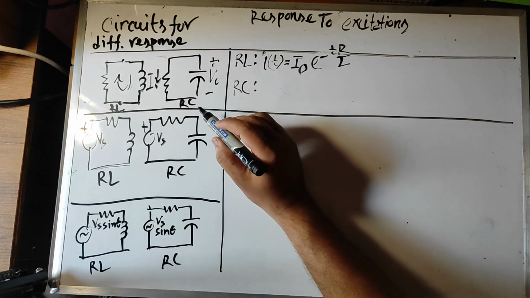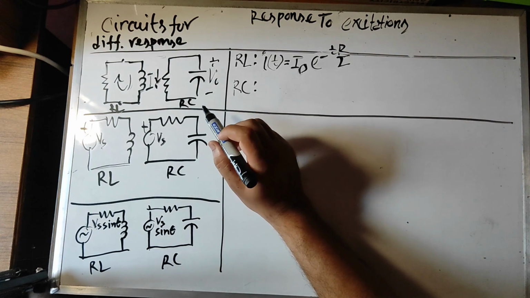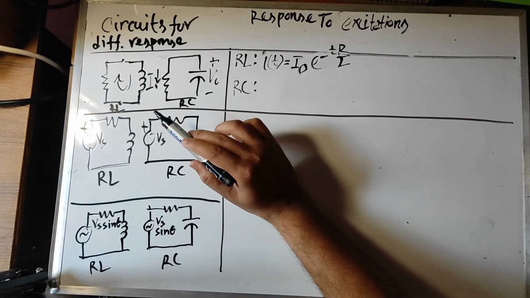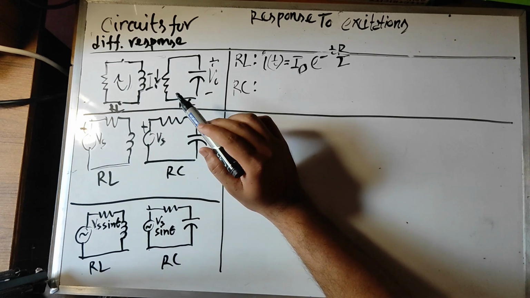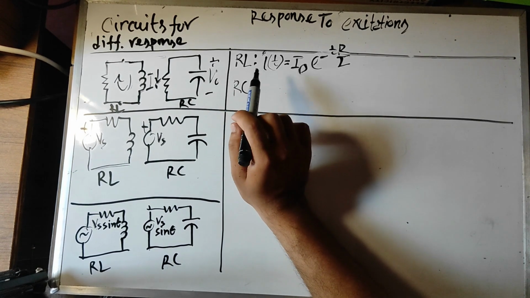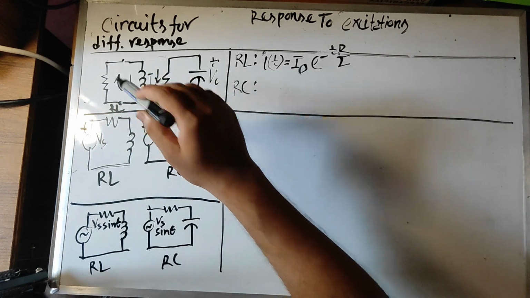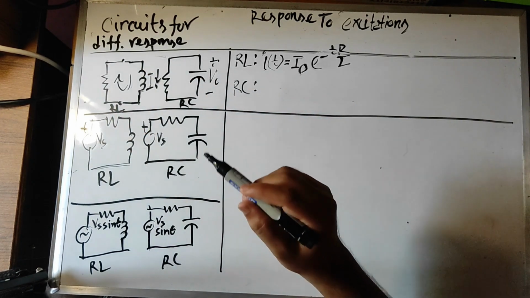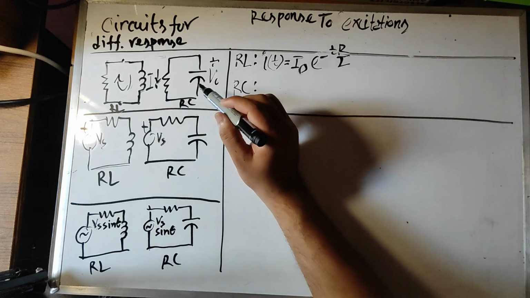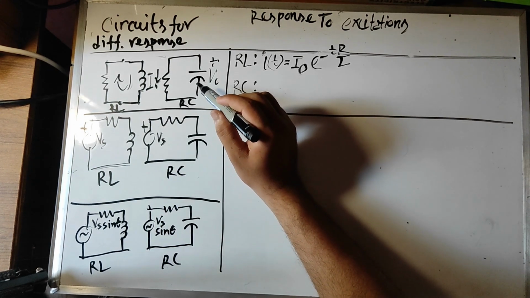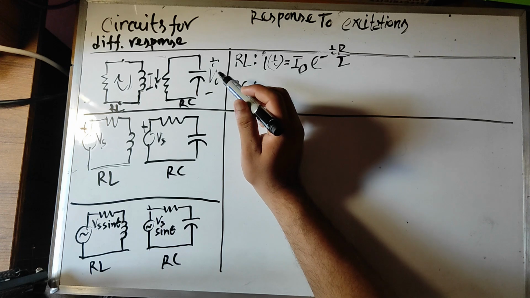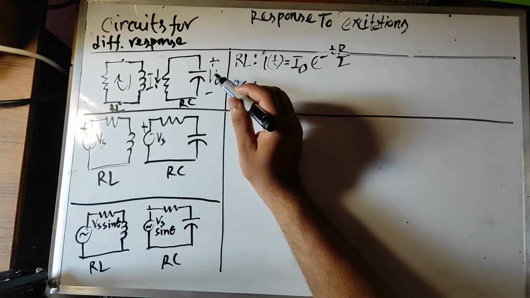For RC, the response is opposite, where the RL response was current dissipating its energy through the resistor. For the RC circuit, when it's source free, the response will be the initial voltage.